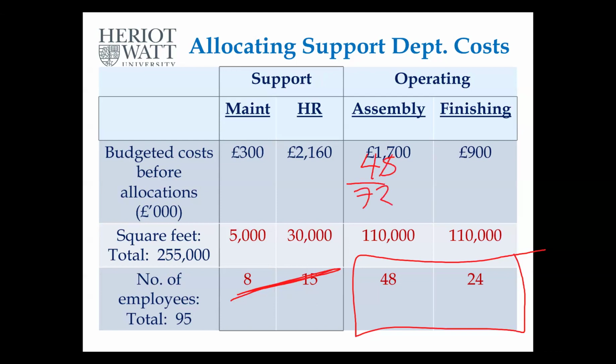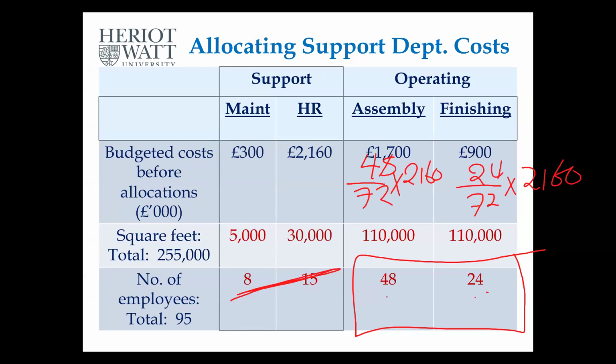The total will be 48 plus 24, times how much we are allocating from human resource, 2160. You also do the same for finishing. Finishing is 24 over 72 times 2160. Did you get that one?